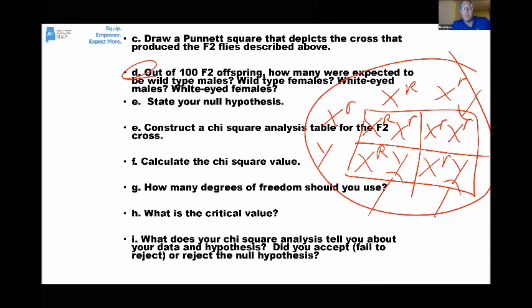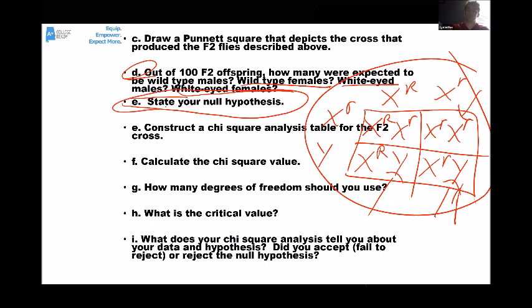We would also expect to get 25 wild-type females, 25 white-eyed males, and 25 white-eyed females. Does that make sense? So to get our expected numbers when we're dealing with Punnett squares, take the total number of offspring and multiply by the fraction from your Punnett square. That's how you get your expected numbers.